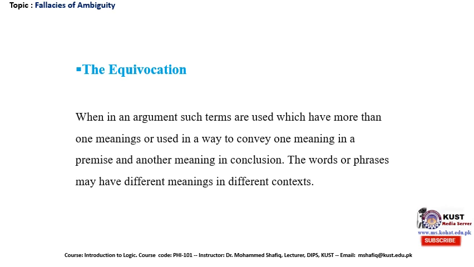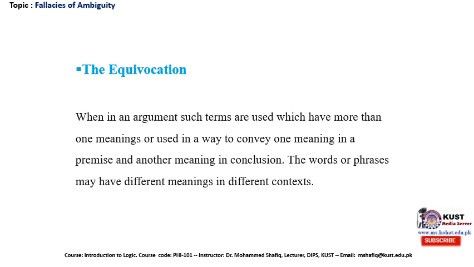So if we use these terms or phrases awkwardly or loosely, we are basically committing the fallacy of equivocation. The fallacy of equivocation arises from the ambiguous use of a term in an argument. It is a fallacy in which 2 or more meanings of a word or phrase are used differently in different parts of the argument, that is to say, in the premise and conclusion.